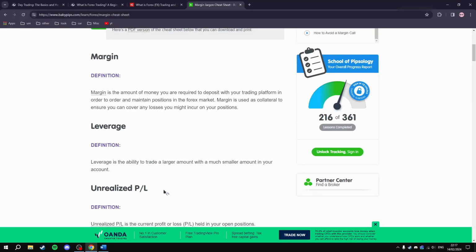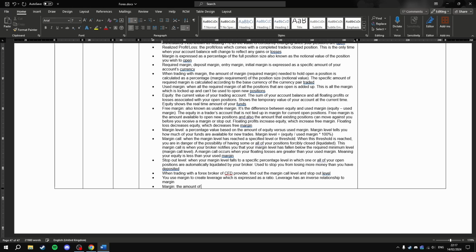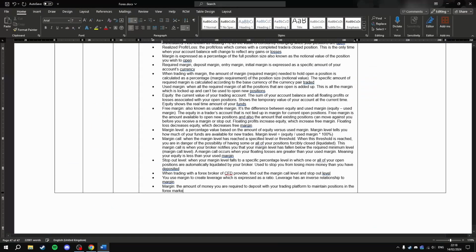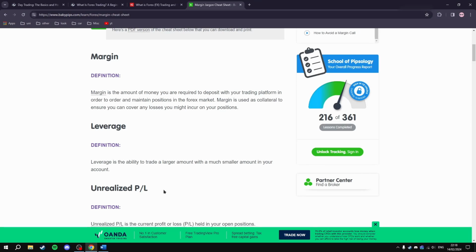Margin: the amount of money you are required to deposit with your trading platform to maintain positions in the Forex market. Margin is used as collateral to ensure you can cover any losses you might incur in your trade. Okay, yep.